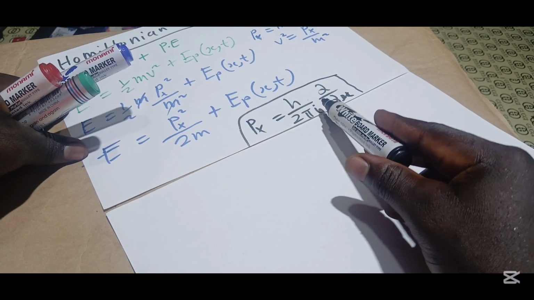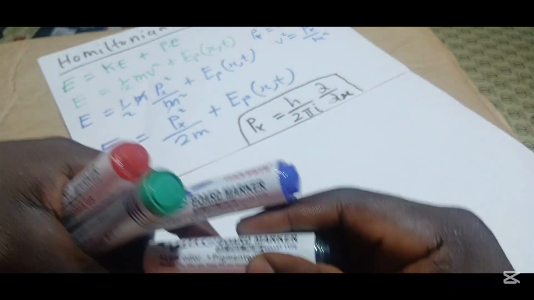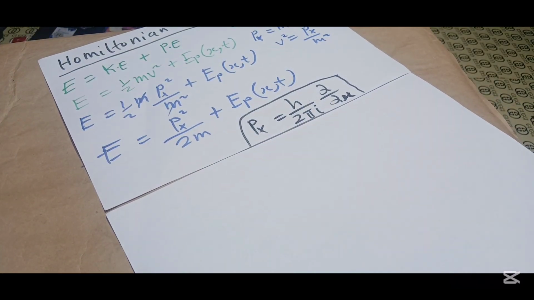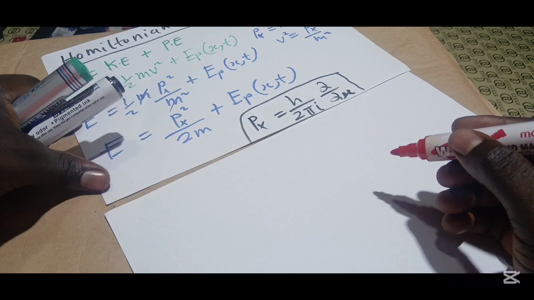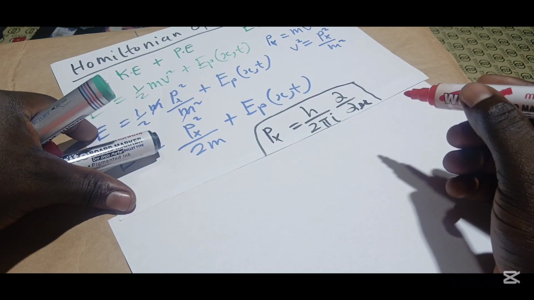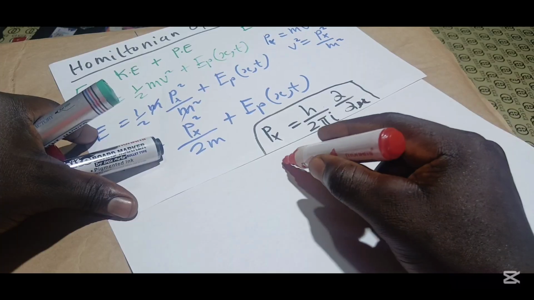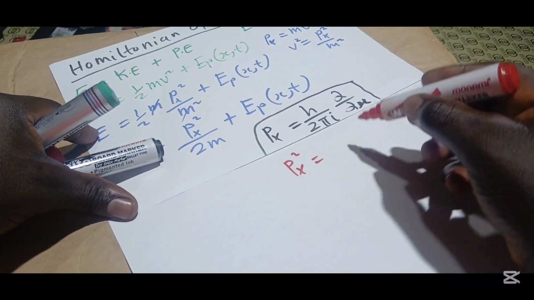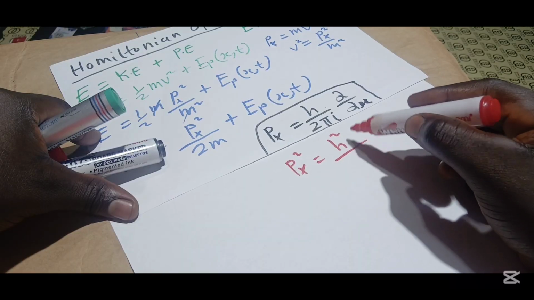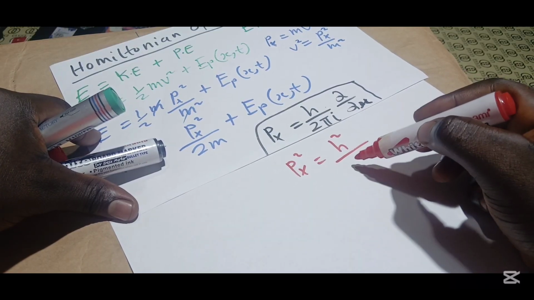But you will see that the momentum term here is squared. So there is a need for us to square this whole thing. So px squared is going to be, we square everything.